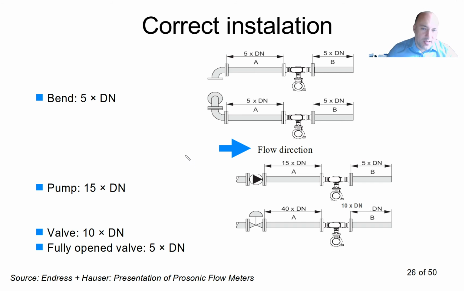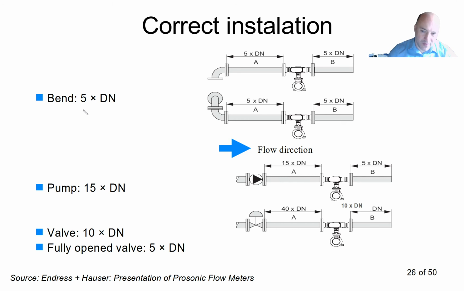How to correctly install it? Well, we will again need some distance upstream and some distance downstream. Compared to the orifice plate, however, these distances, especially in the upstream direction, will be much smaller.